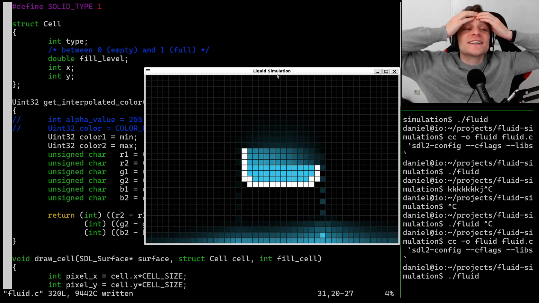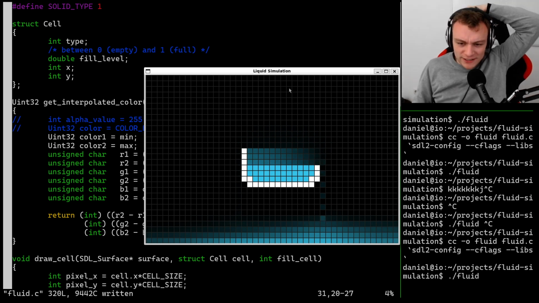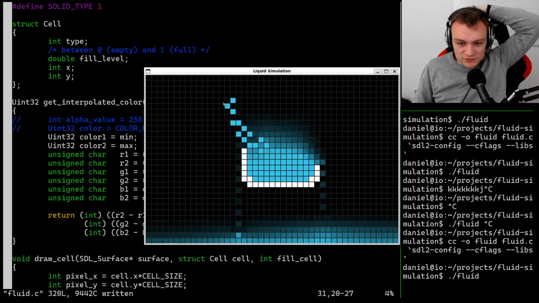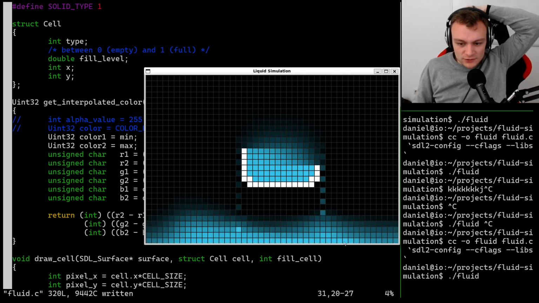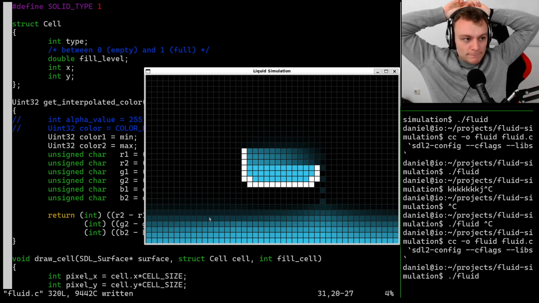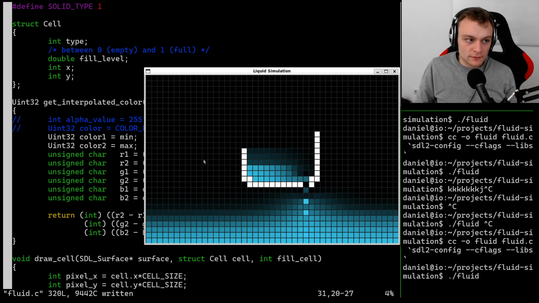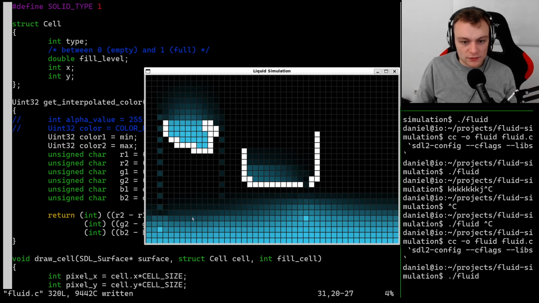Gosh, it's working. It's somehow like gas because we don't have a strict border. But it is a working fluid simulation.